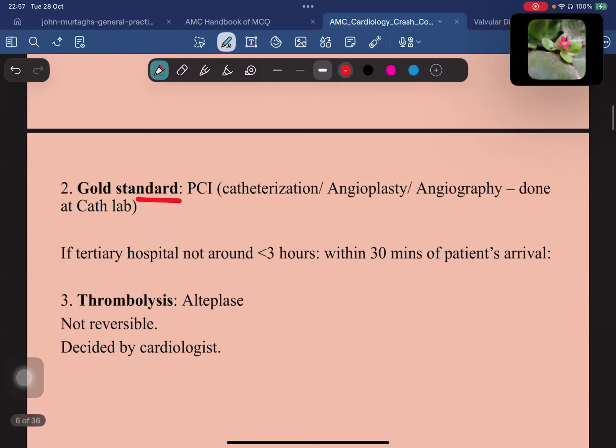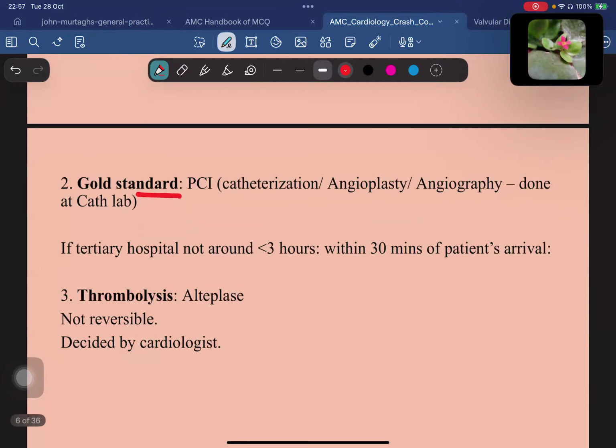And another thing is that if a tertiary hospital is not around in less than 3 hours, within 30 minutes of the patient's arrival, you have to go for thrombolysis. Now this is a very serious decision-making situation because once you go for thrombolysis, it's not reversible.